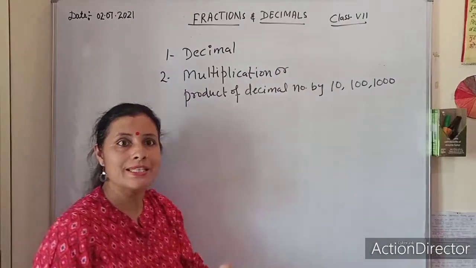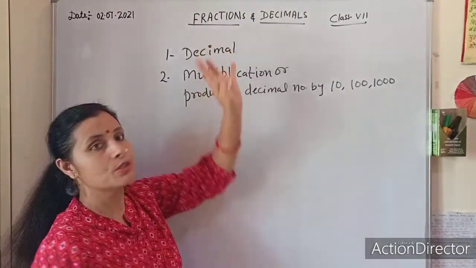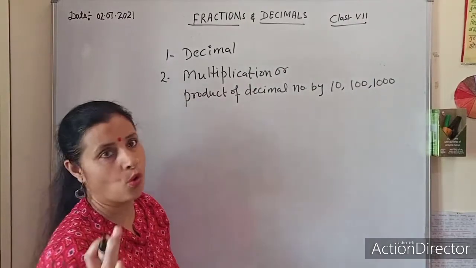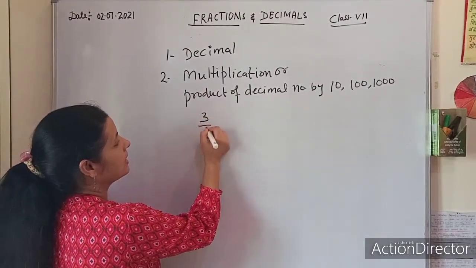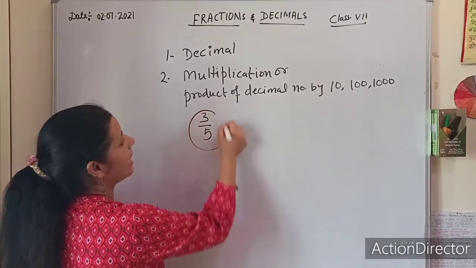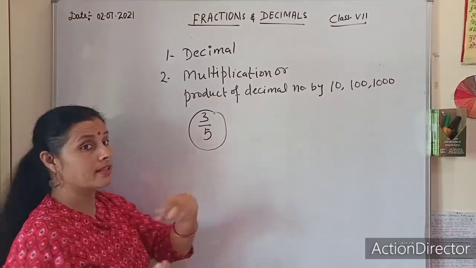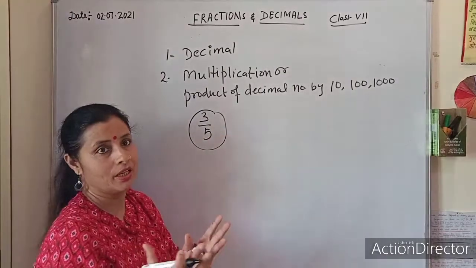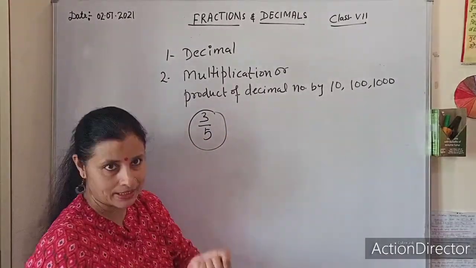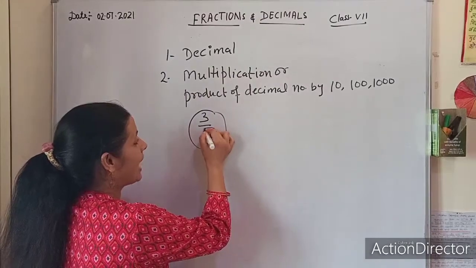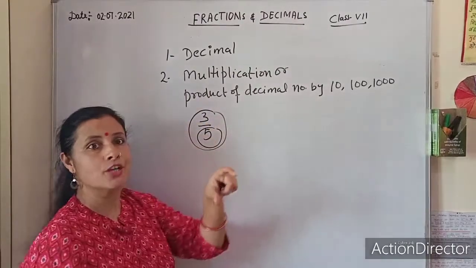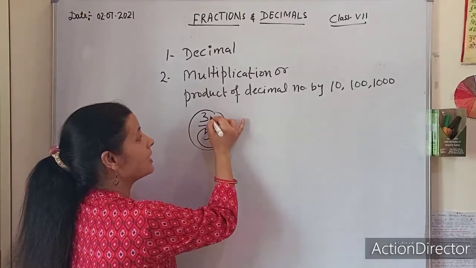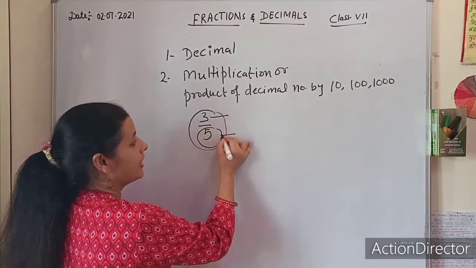In our previous chapter, which was fractions, we learned that a fraction is a part of a whole. Suppose I have this fraction. It means we have an object, and we have made 5 equal parts of that object, and out of those 5 parts, we are getting 3 parts.